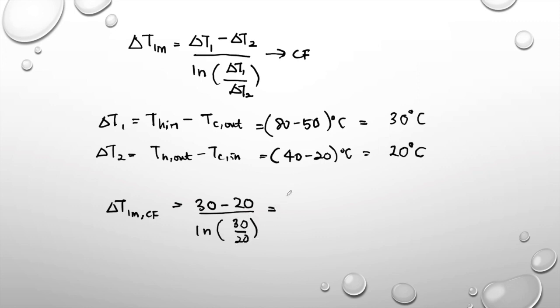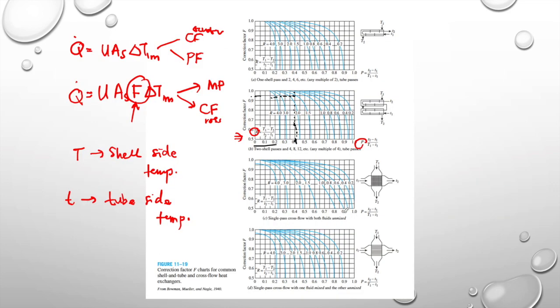You will get your delta T log mean for CF is 24.7 degrees Celsius. So you already calculated your delta T log mean for counter flow. This equation is actually delta T log mean for CF. Now we have determined this.